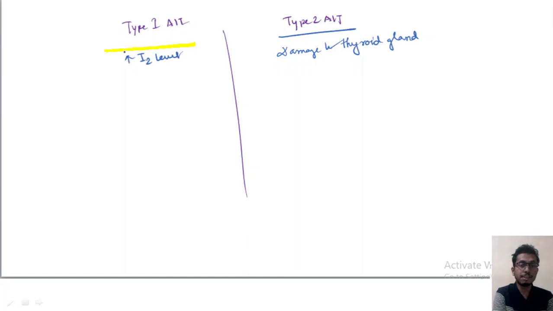So as there is an increase in iodine level, we can give a thyroid iodide binder like potassium perchlorate. Alright, as the iodine level is increasing, it is causing, by the Jod-Basedow effect, increased production of thyroid hormone, so we can give antithyroid medication.